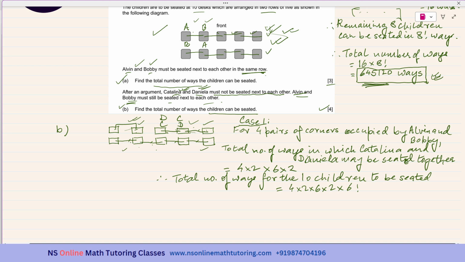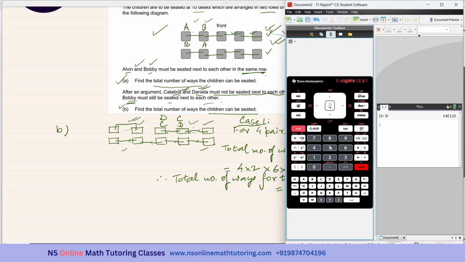Okay, so this is the case 1 where Alvin and Bobby are occupying the corner seats. Okay, so let us get the value of this part. It is 4 times 2 times 6 times 2 times 6 factorial, 69120.